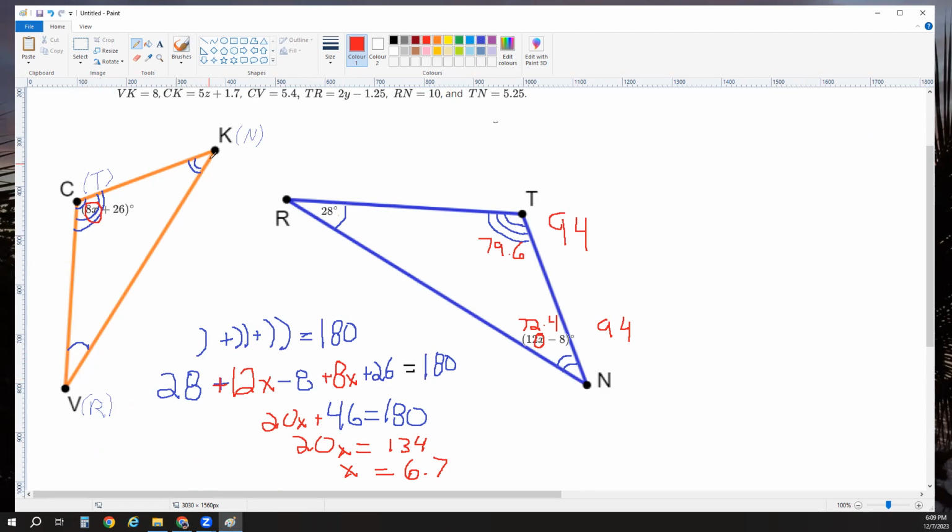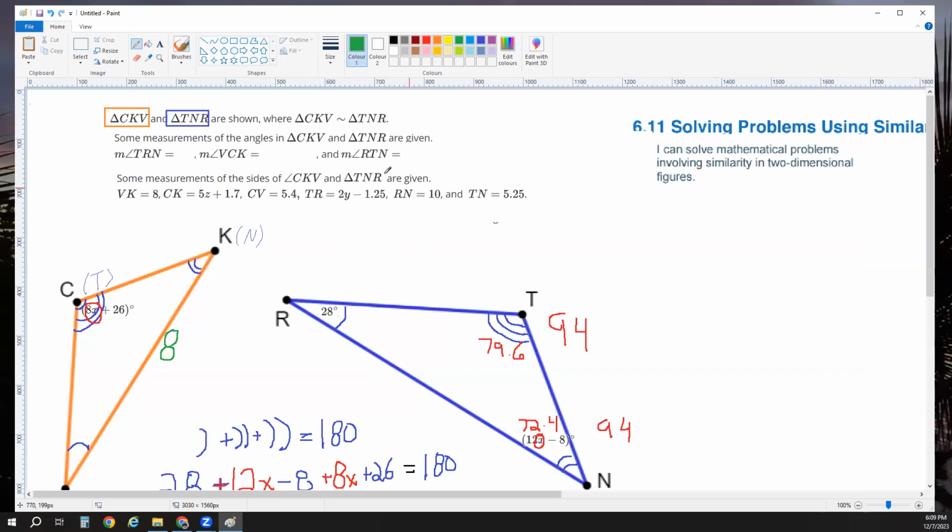VK, sorry, VK equals 8. VK equals 8. That really bothers me. I'm gonna study that real closely after I submit this to see if I misread the example or something. But I don't think I did. And if I did, I need to submit a feedback report. Anyway, so VK is 8.